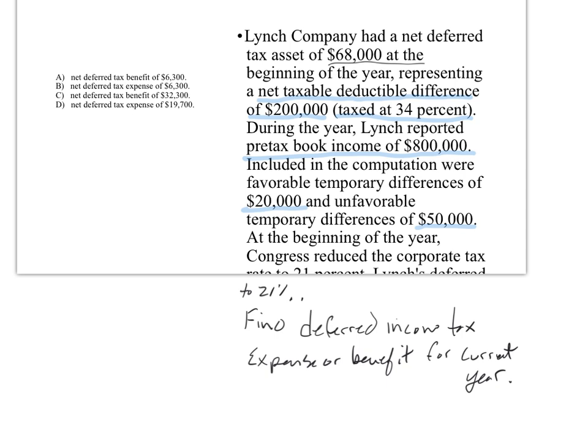All right, so now let's look at what we've got. And for me, I think the easiest way to do this is to look at it from a T account approach. Okay, so what do we have at the beginning? Well, we have a net deferred tax asset of $68,000. So I'm going to do my T account right here.